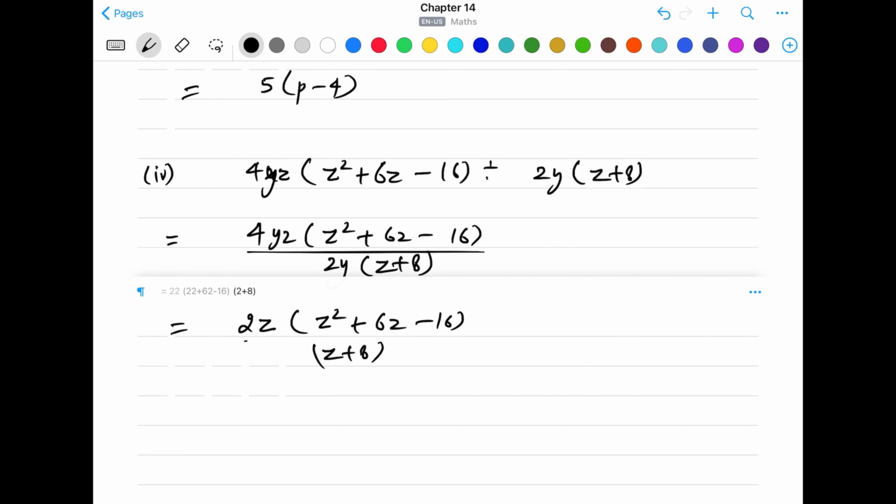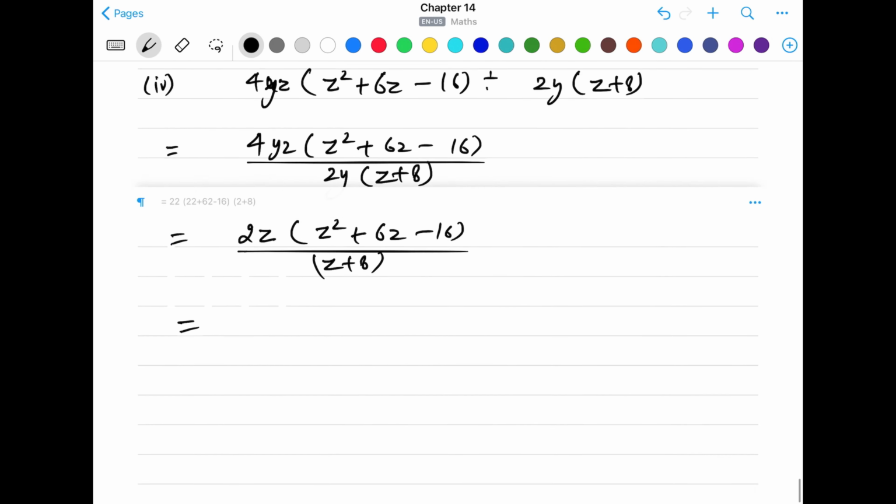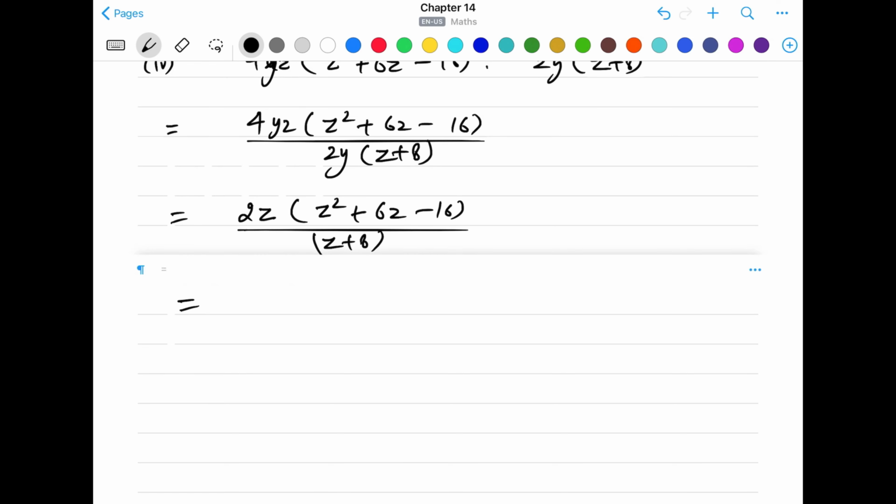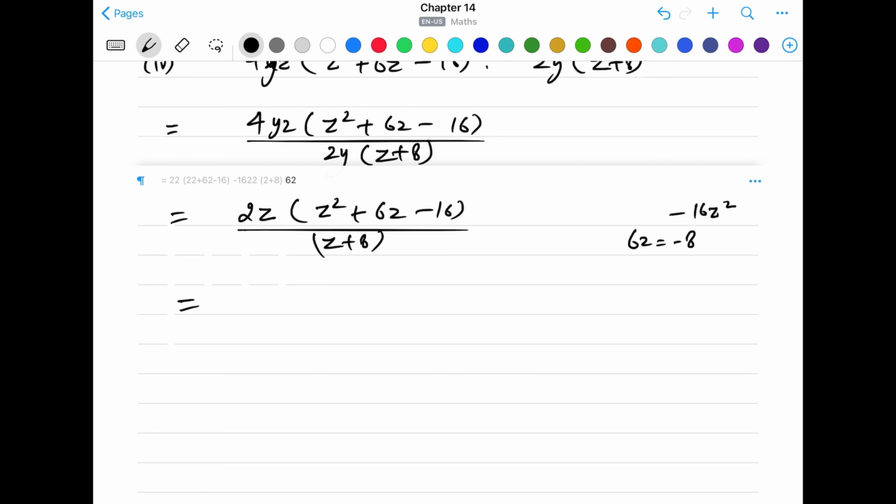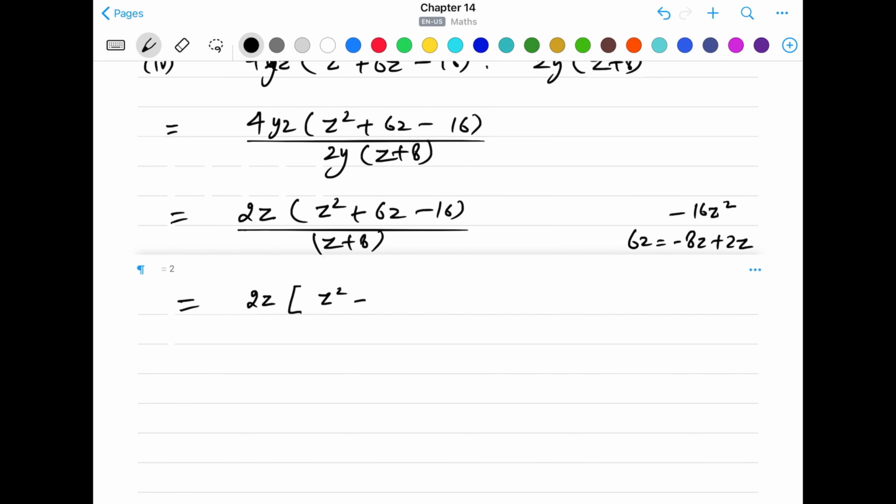Now, z into minus 16 gives minus 16z square, so we can break this 6z as minus 8z plus 2z. We have 2z already outside. Inside the bracket we have z square minus 8z plus 2z minus 16, and z plus 8 in the denominator.